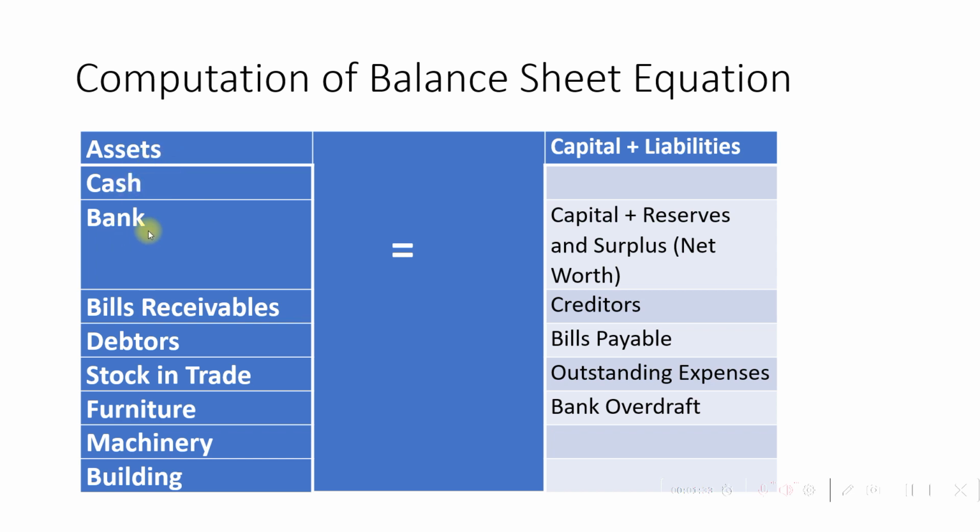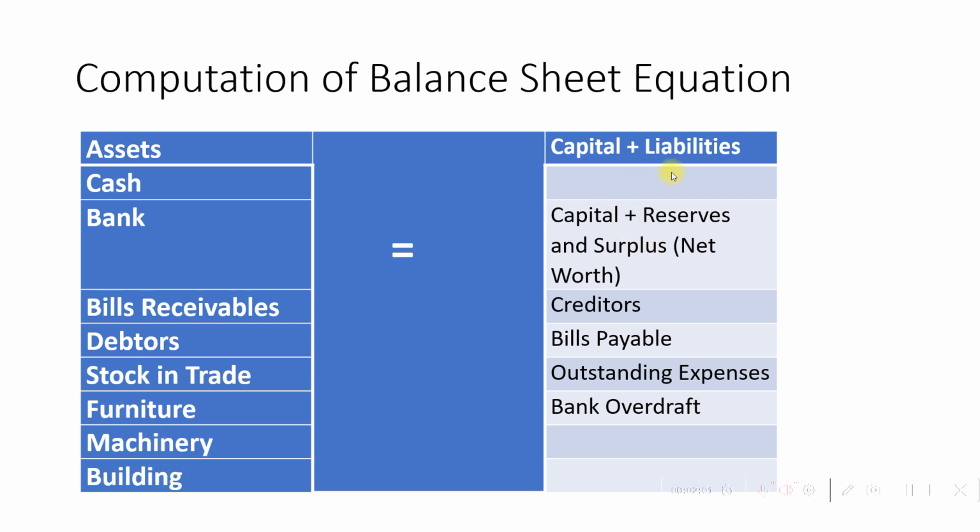Cash is an asset, bank is an asset, bills receivable, which are whatever receivables a firm has. Debtors is an asset because those people who have to pay the firm some money or cash become debtors. Stock in trade, furniture is an asset, machinery is an asset, and building also is an asset.